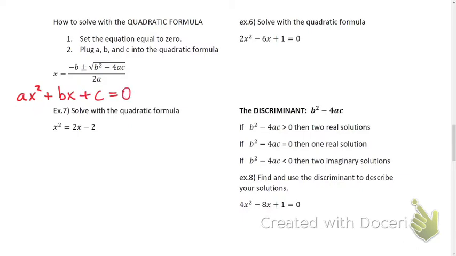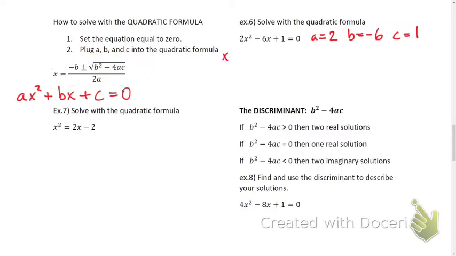So on number 6, naturally, a is 2, b is negative 6, and c is 1. So all we need to do is plug those 3 numbers into the formula on the left, right here. Simplify. We'll be good to go.